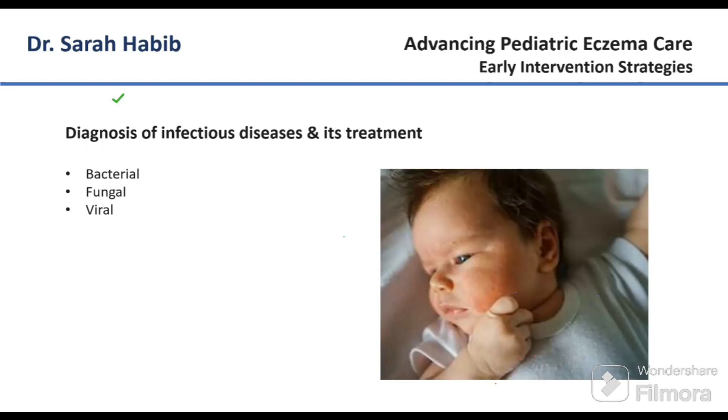The viral one, a very, very emergency condition, is eczema herpeticum, which grows on atopic skin. That can be a life-threatening viral disease. And again, fungus can grow. Candida is common, maybe sometimes secondarily because of the corticosteroids, oral or topical.